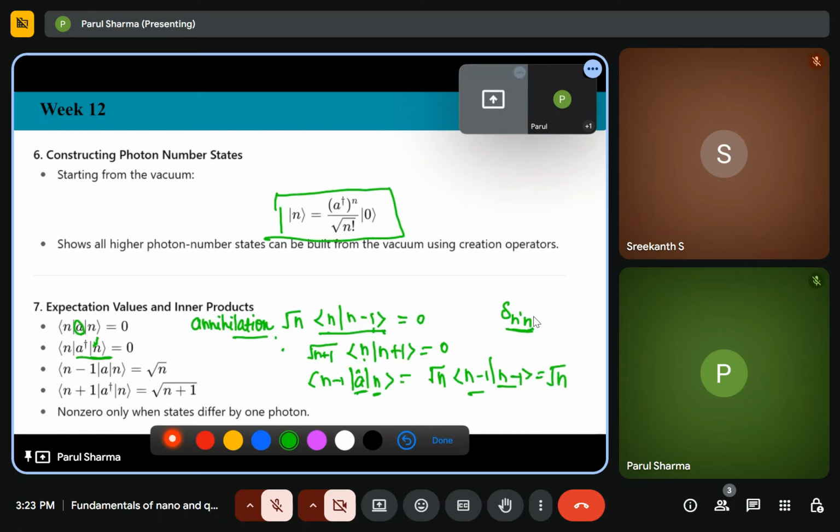Similarly, we can find for n plus 1 that if a dagger acts on n, we will move up to the one state higher, n plus 1, and the coefficient is root n plus 1.